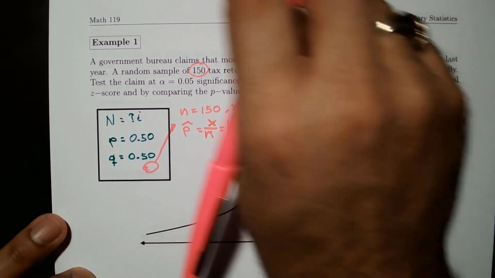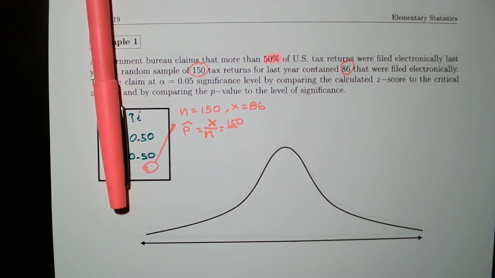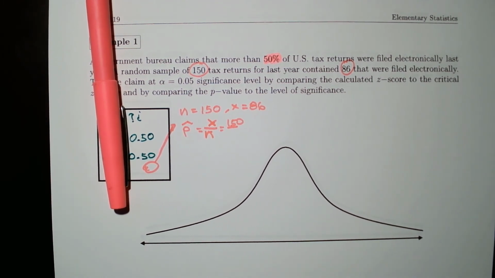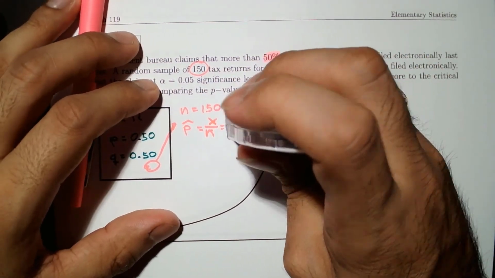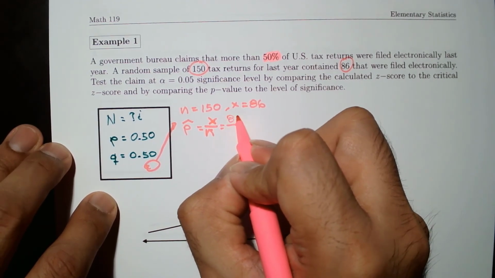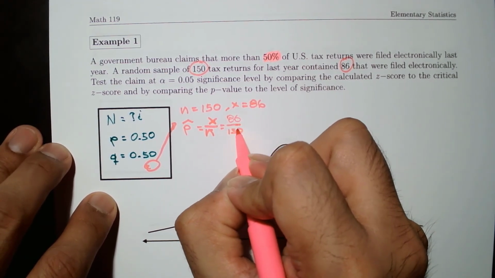That is not 150, otherwise it's going to be too big. So this is going to be 86 divided by 150.